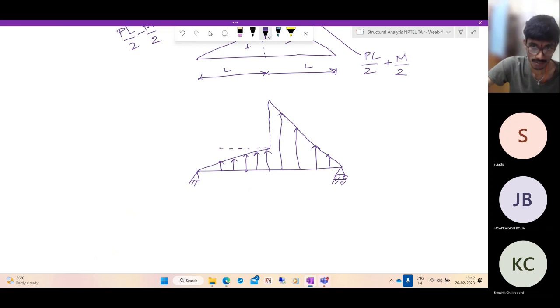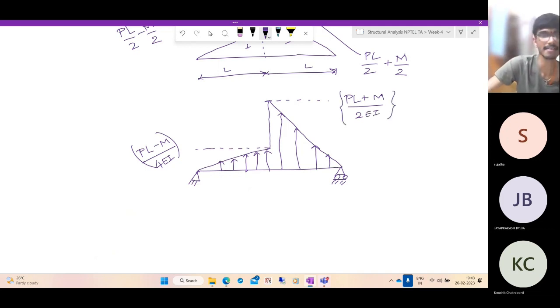So what is this height? It is PL minus M by 2 EI, so by 4 EI. And what is this height? It is PL plus M by 2 EI.